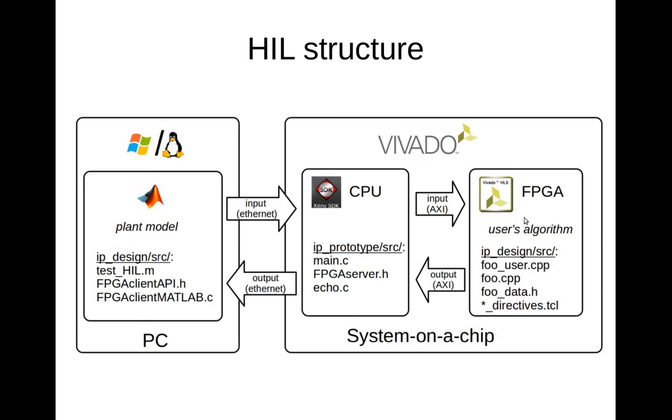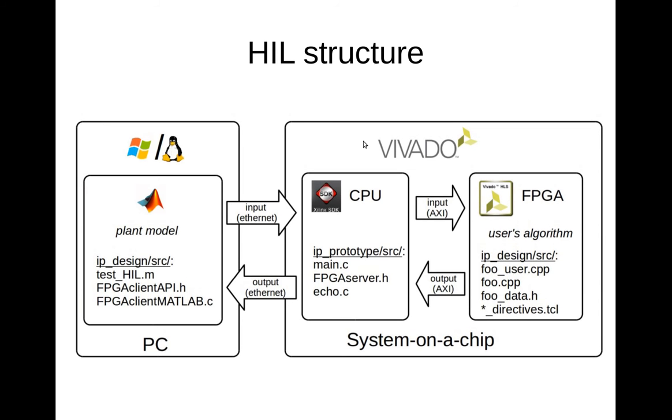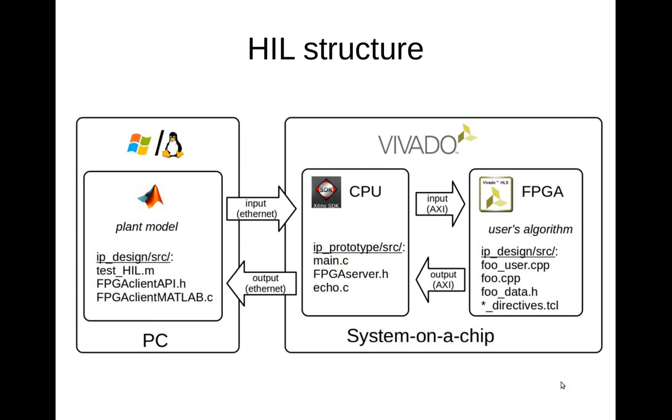It incorporates the Vivado HLS command, Xilinx SDK, and Vivado itself, in order to build the system on a chip. Note that with the programmable logic template that we are using now, the user's code does not go to the CPU. So for the CPU we have a set of files that manage data transfer between the personal computer and the FPGA.